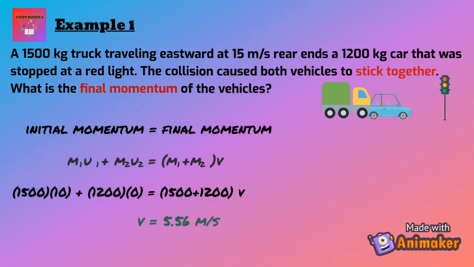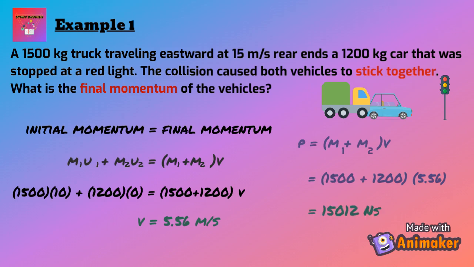Since we know the value of final velocity, we can now find the final momentum of the vehicles. Use the formula p equals m1 plus m2 times v. Substitute the values and solve it. The final momentum of the vehicles is 15,012 Newton second.